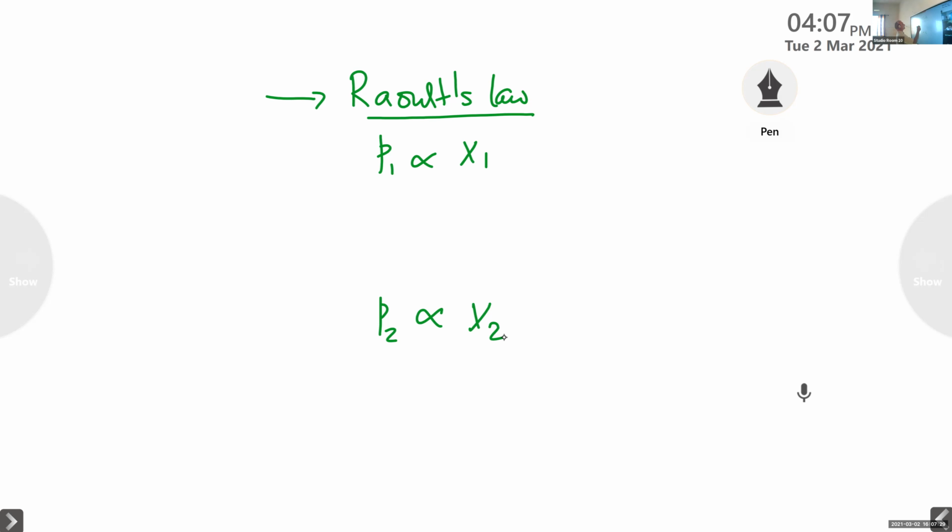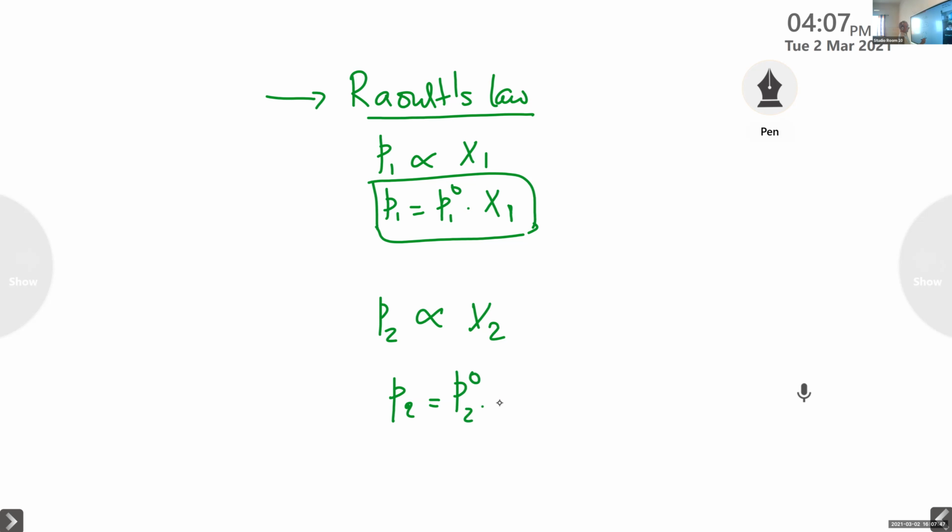Or we can write P1 is equal to a constant P10 into x1. Similarly, P2 is equal to a constant P20 into x2, and that is the mathematical formulation of Raoult's law.